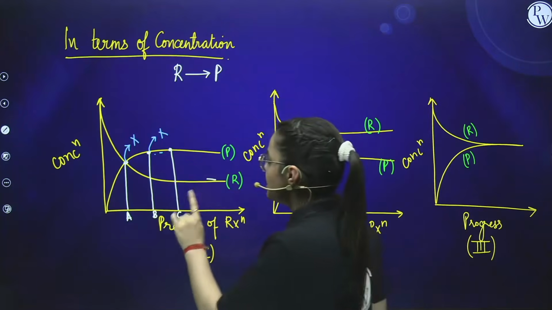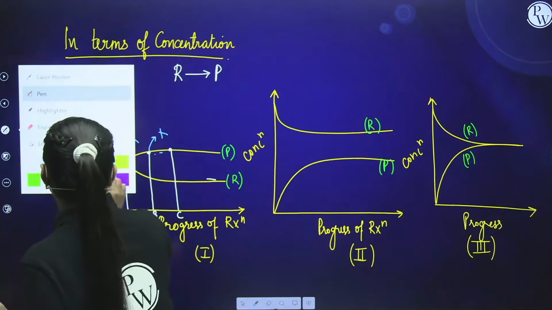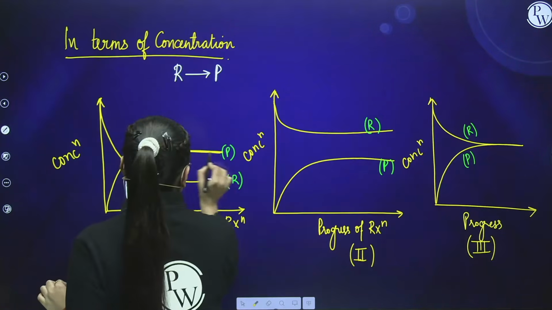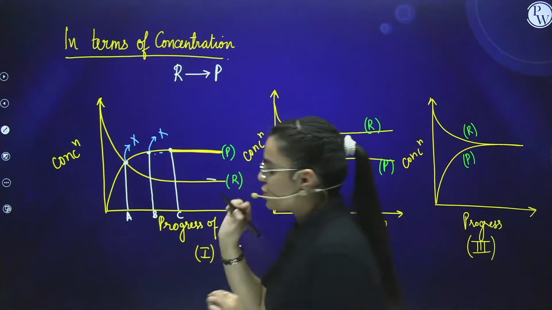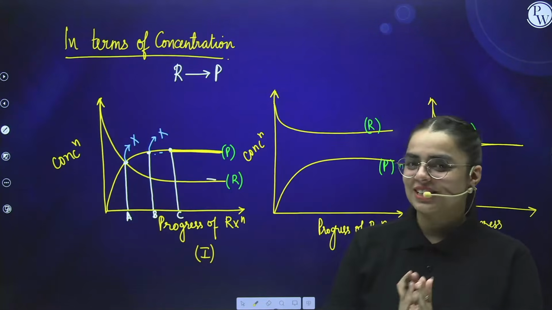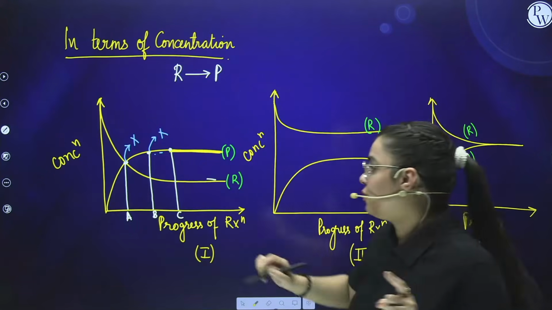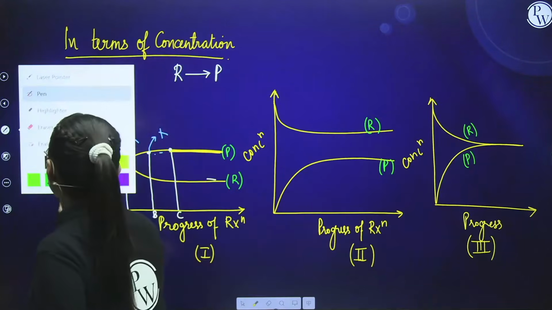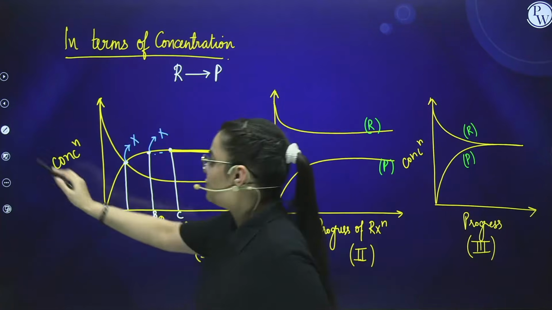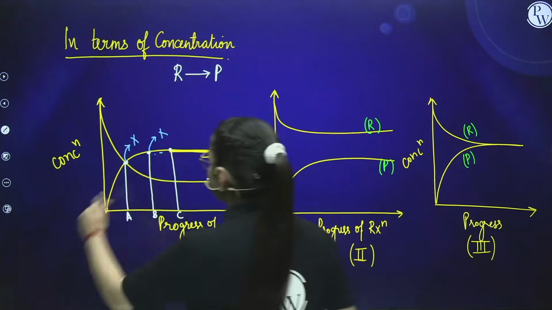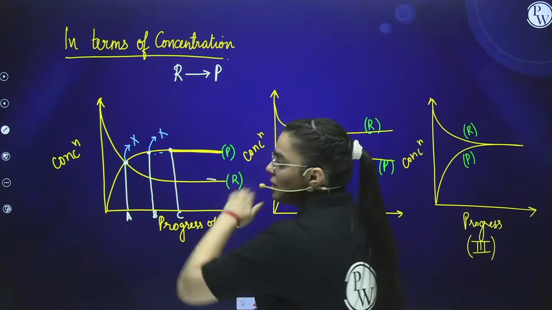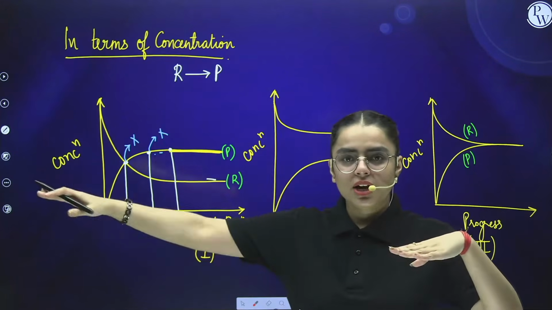Now looking at the C point, I want you all to correct this a bit. It is like this. As I was drawing, it went like this. Don't get confused. It is a straight line over here. Now see very carefully. If I see the C point over here, observe this very carefully. After C point, it is still in a straight line.